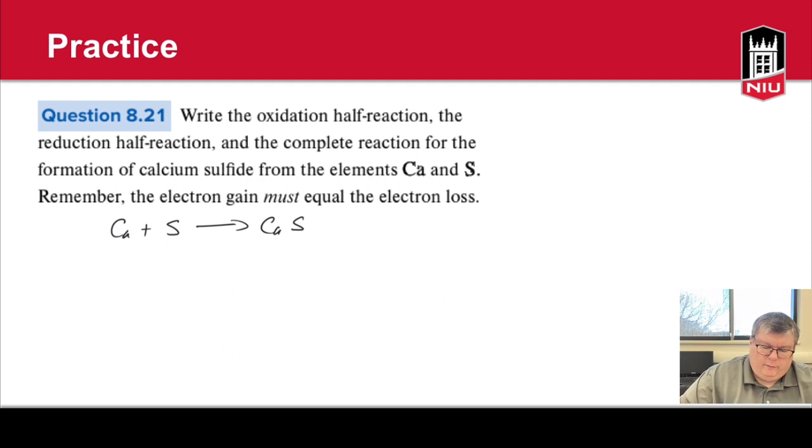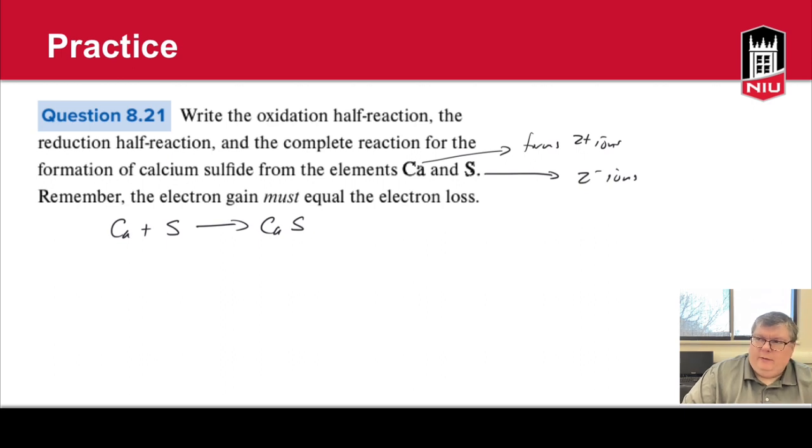How do I know it forms calcium sulfide as CaS? Remember that calcium forms 2 plus ions, sulfur forms 2 minus ions, therefore it is CaS. So the oxidation half reaction, who gets oxidized, who gets reduced?